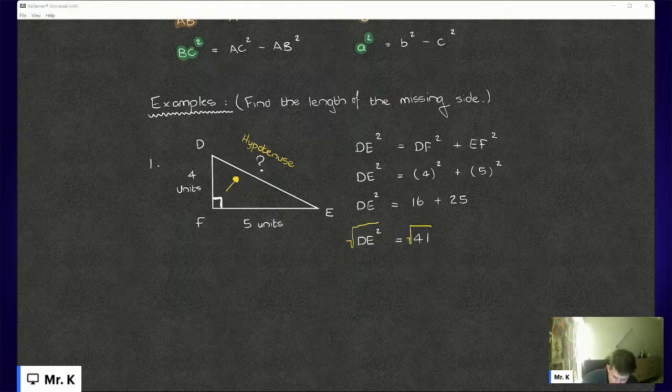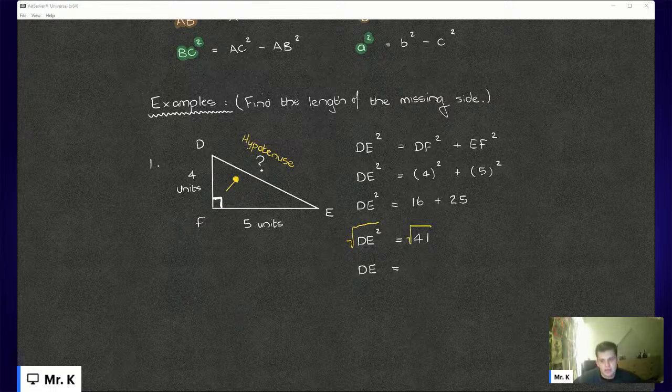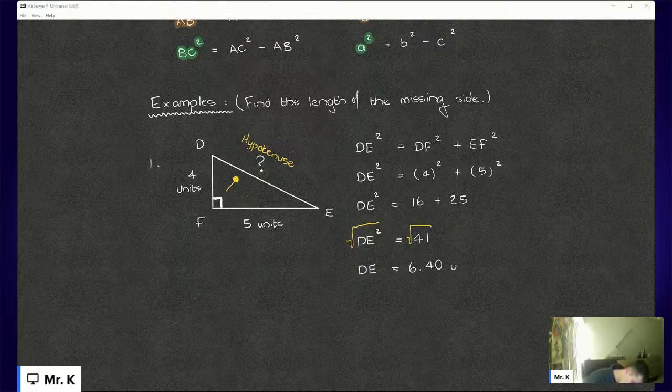On the left hand side, the square root symbol and the square symbol will cancel, leaving us with just the value DE. And on the right hand side, the square root of 41 you would need to use your calculator for. And you see, when you round off to 2 decimal places, you get 6.40 units.